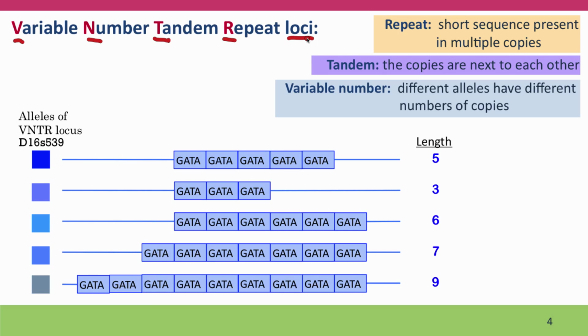Loci are places on the genome. We'll unpack this backwards. They're repeats. They're short sequences present in multiple copies. As you see here, we've got 1, 2, 3, 4, 5 copies of the sequence GATA for this particular VNTR locus.